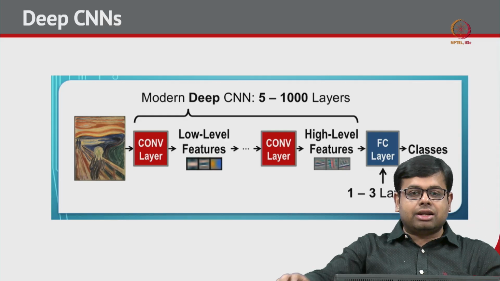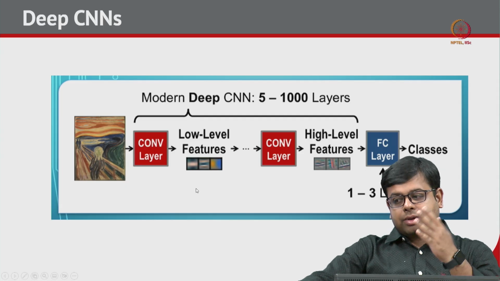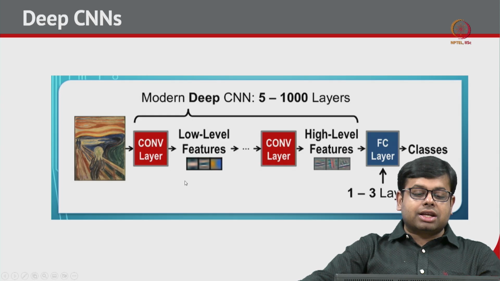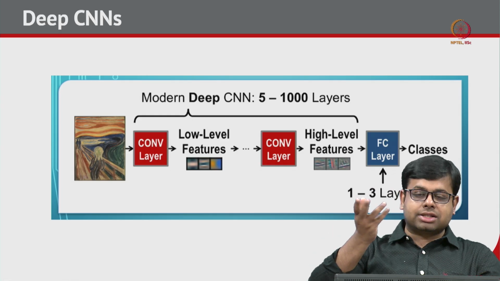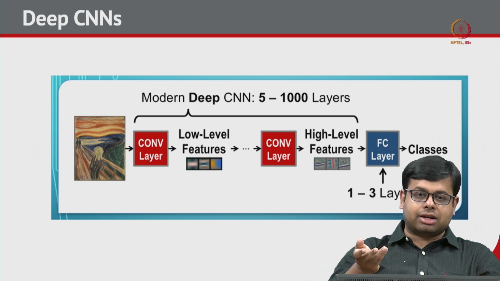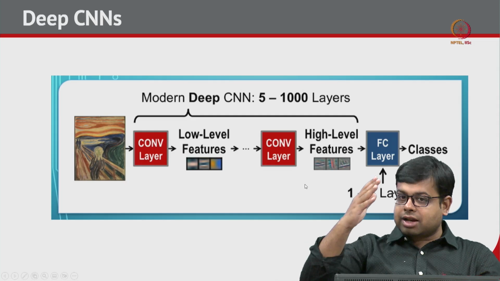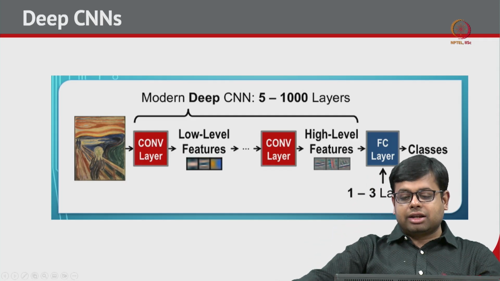Initially, as I was saying, there are multiple convolutional layers. The initial layers capture the low level features like the edges or the brightness and intensity of the pixels. The later layers capture high level features like nose, eyes, ears, and then there are fully connected layers.